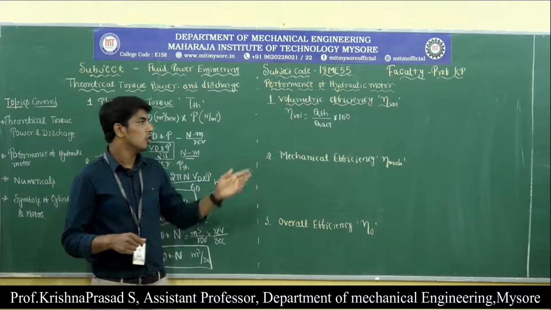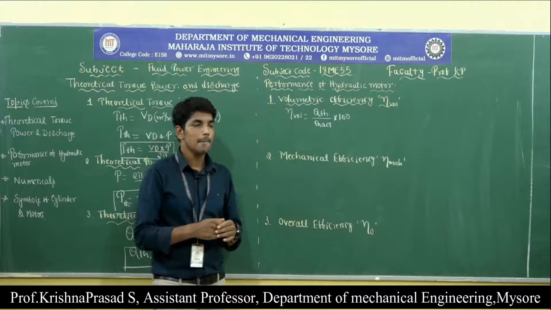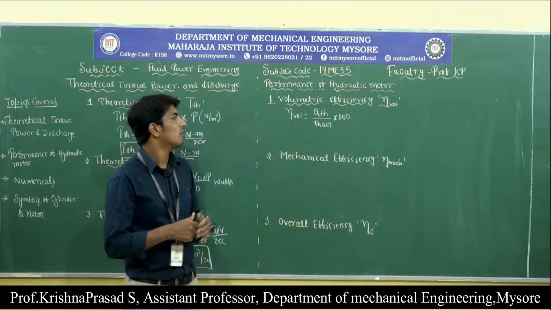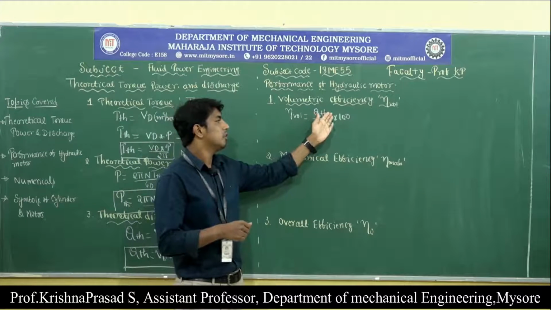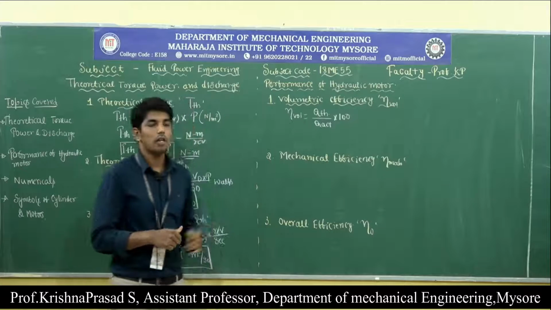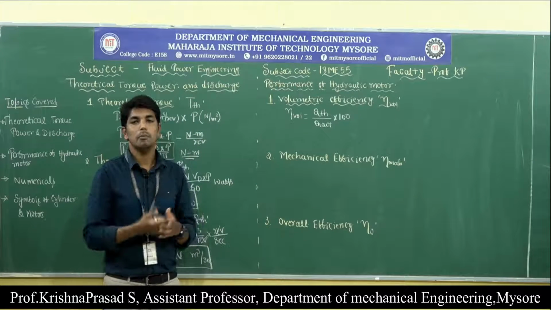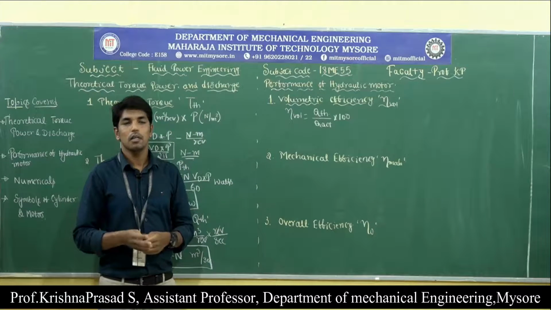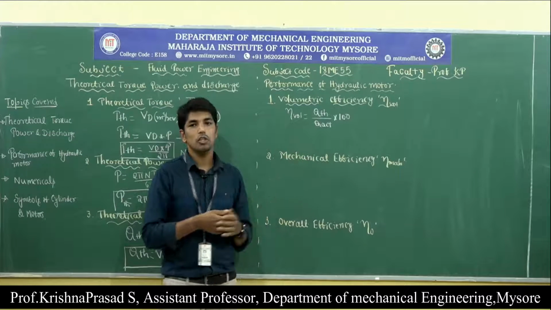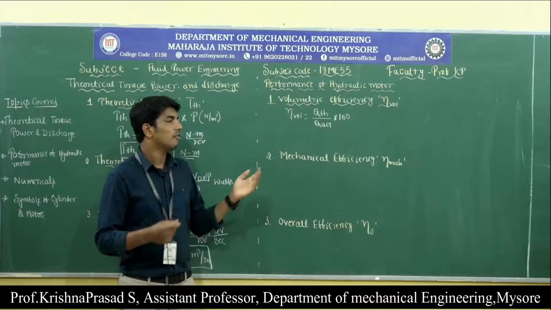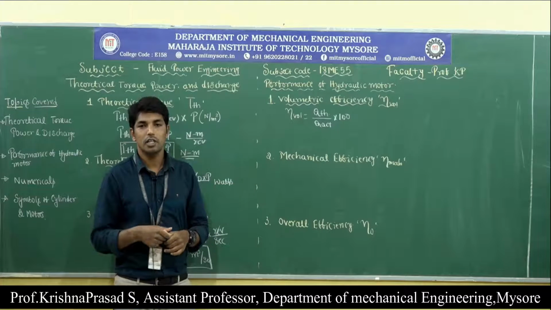Very simple. So for the volumetric efficiency of the hydraulic motor, we take the ratio of theoretical displacement to the actual displacement, because the actual displacement required to rotate the motor is very high, since the theoretical displacement is lost because of friction or due to leakage.